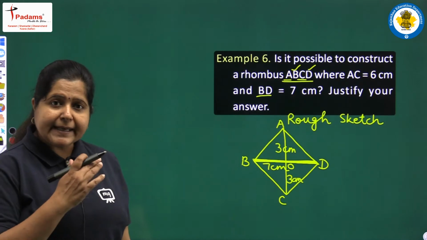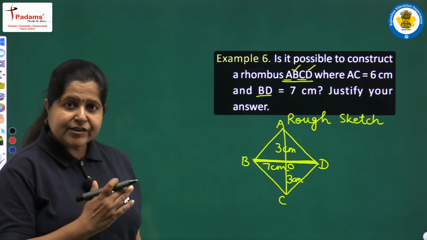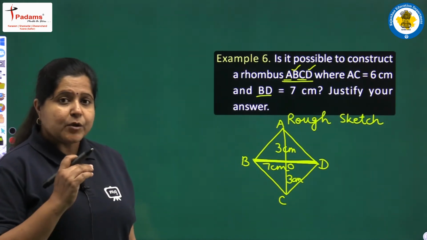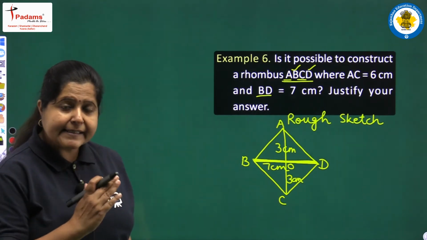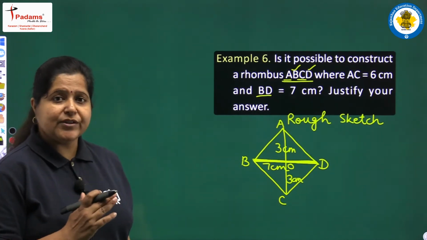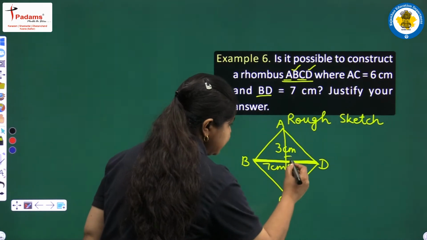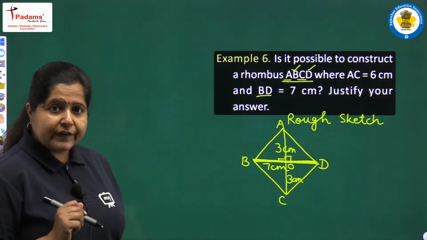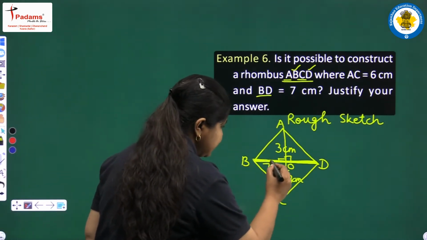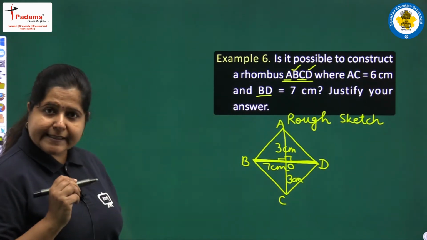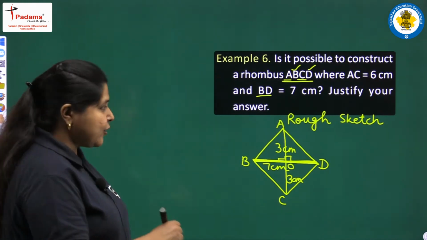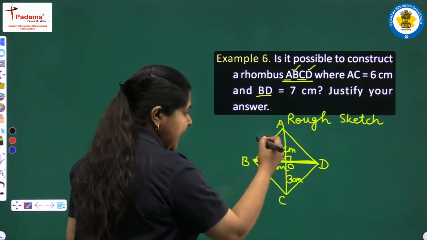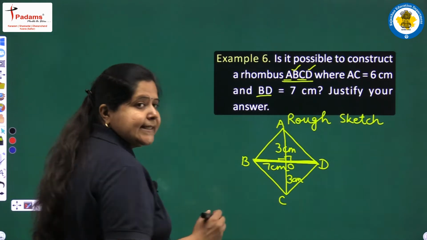They not only bisect each other, dividing each other into two equal parts, but also they are at right angles to each other. You can see this angle is of measure 90 degrees, all the four angles. So we will first draw this diagonal BD of length 7 centimeter. Then we will draw its perpendicular bisector, and then we will locate points A and C on it.